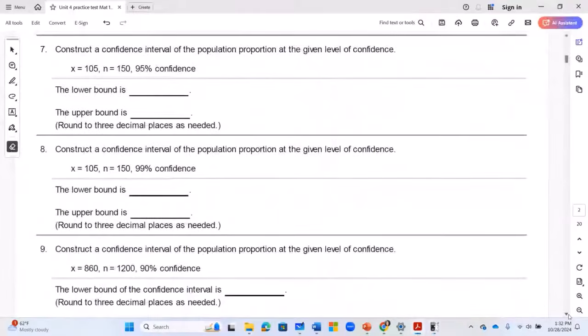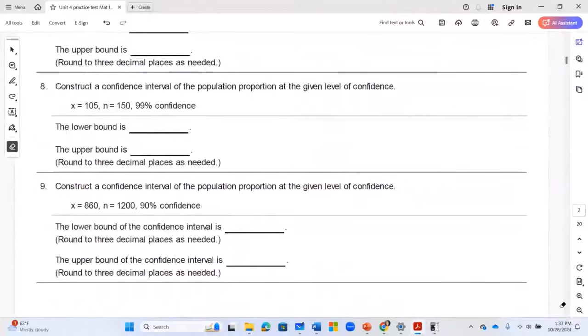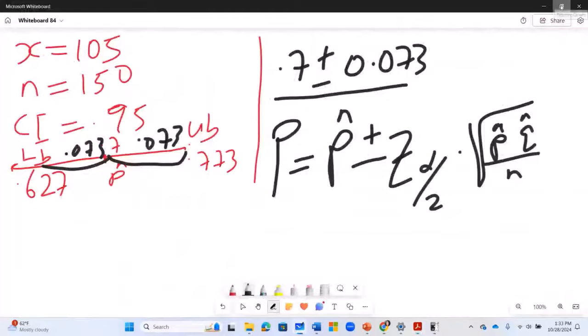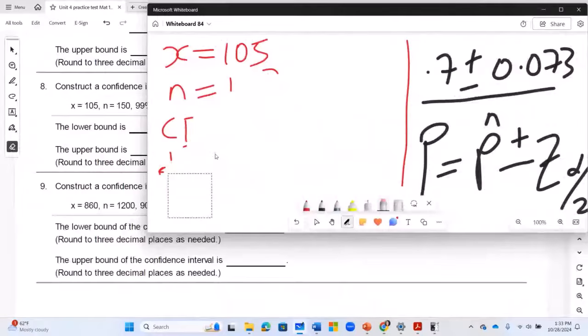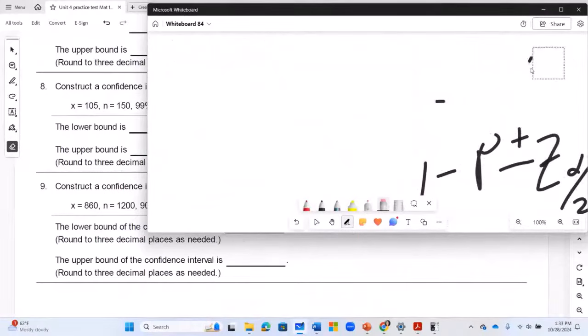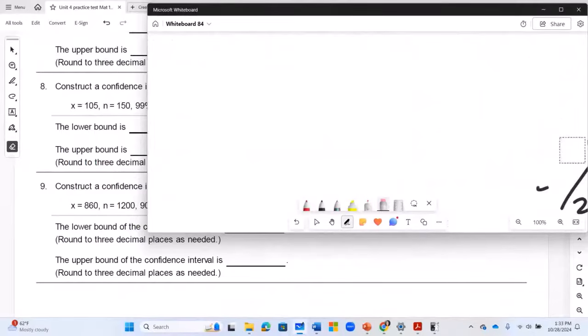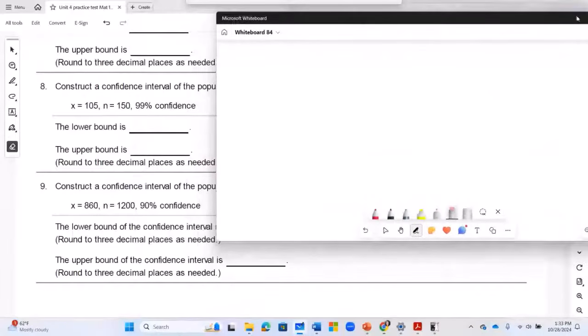Construct a confidence interval of the population proportion at the given level of confidence. So in number 8, what am I given?